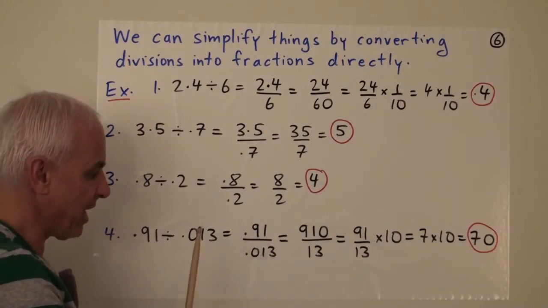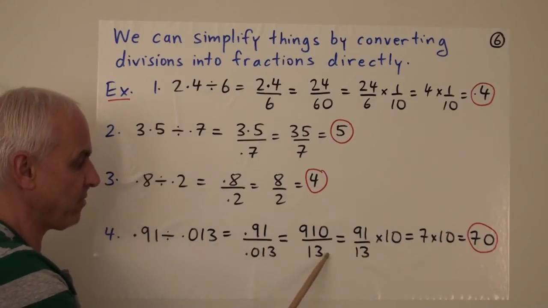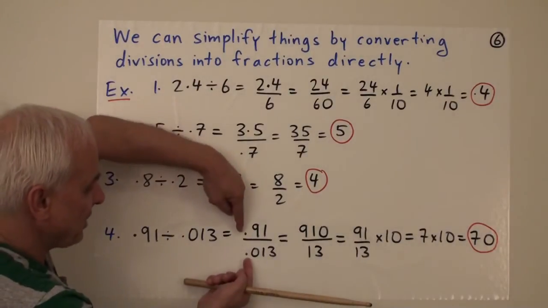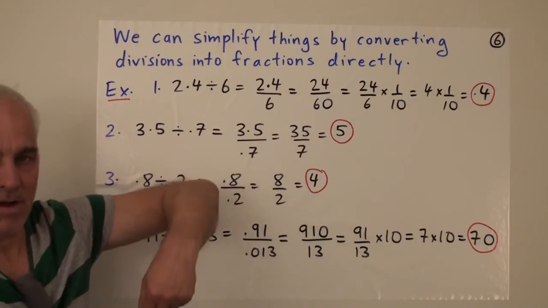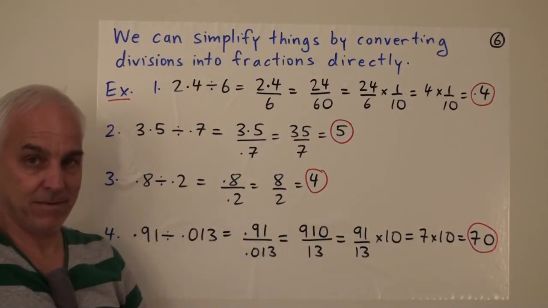When we multiply this by 1,000, 1, 2, 3, we're moving the decimal place over 3, we get 13. So what we're really doing is just moving the decimal place over the same amount, top and bottom. That's the effect of multiplying by the right power of 10.